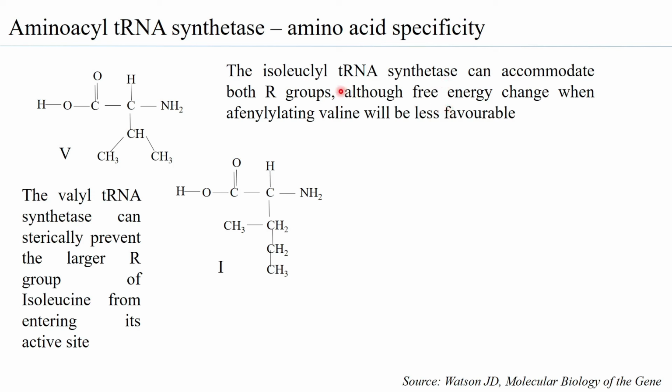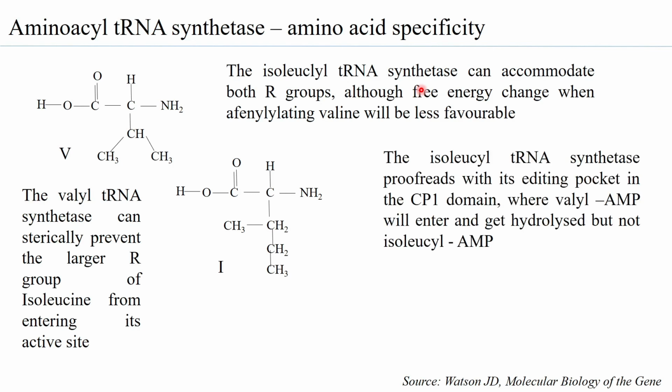Such tRNA synthetases or enzymes have what is called an editing pocket. The editing pocket is large enough to hold valine, but it is not large enough to allow isoleucine to come in. Again, what is taken advantage of is the size, the spatial arrangement.